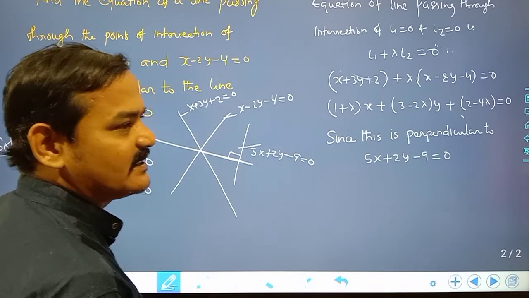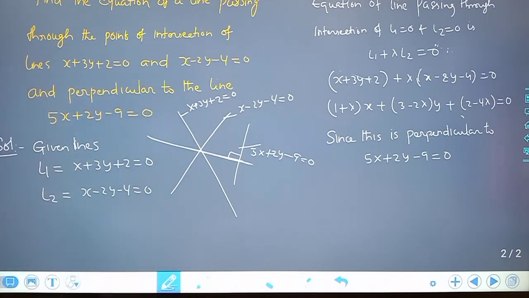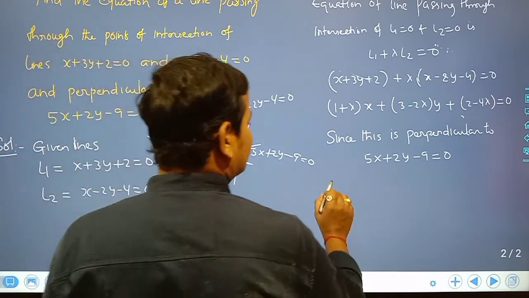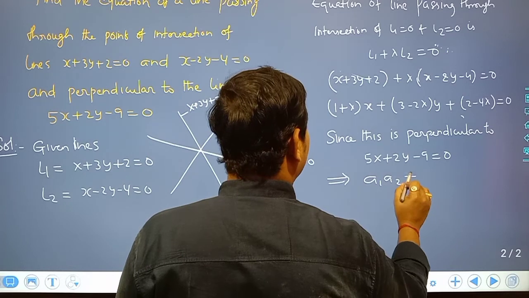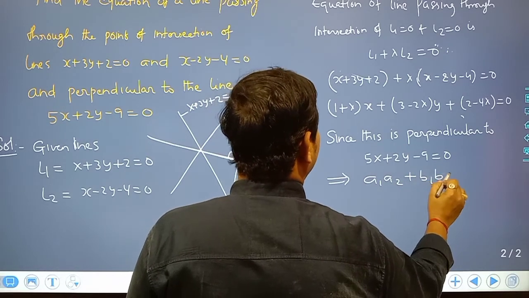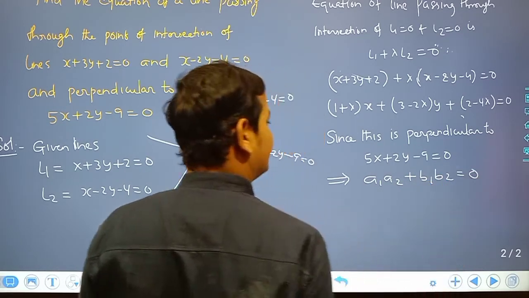A1 A2 plus B1 B2 is equal to 0. So therefore the formula is A1 A2 plus B1 B2 is equal to 0.